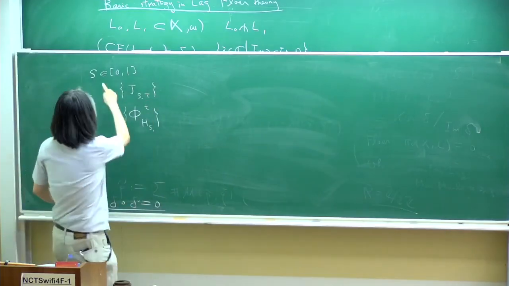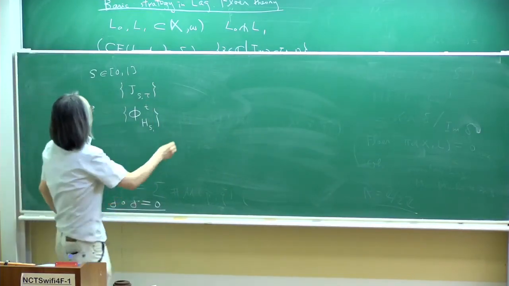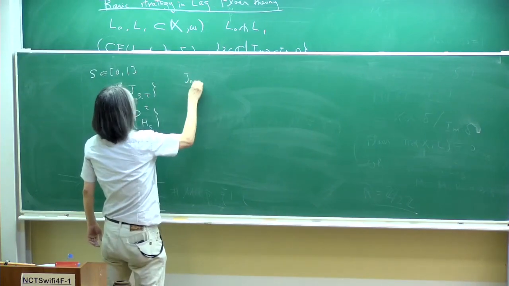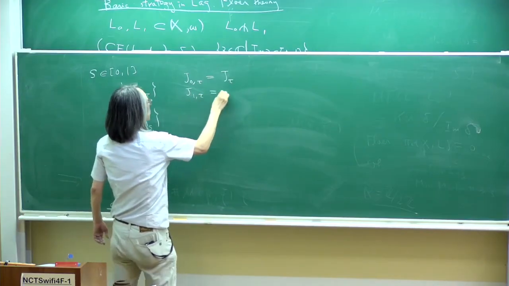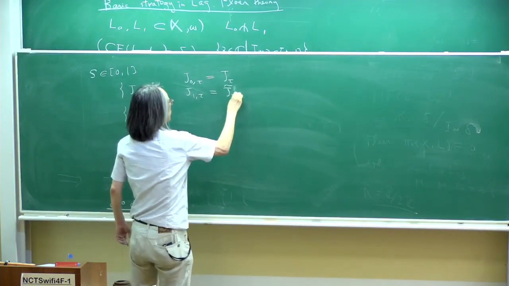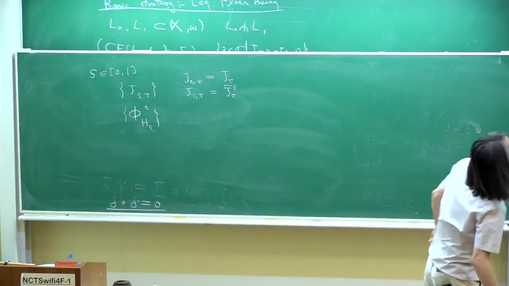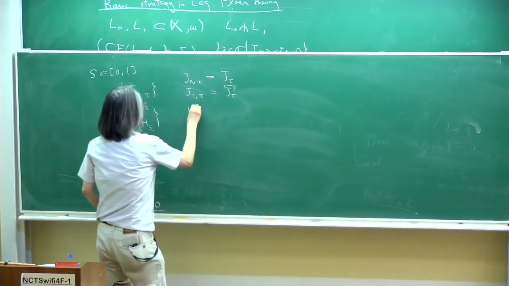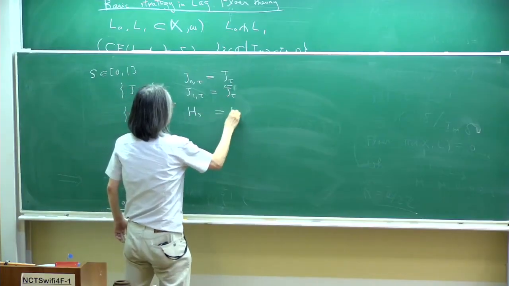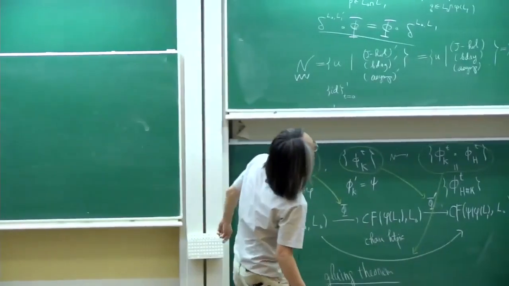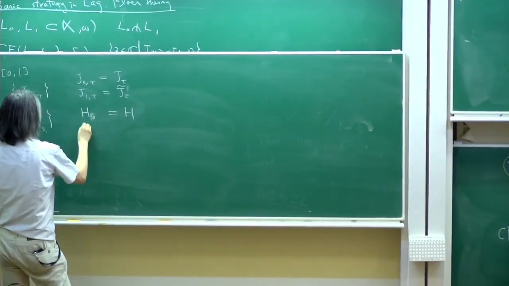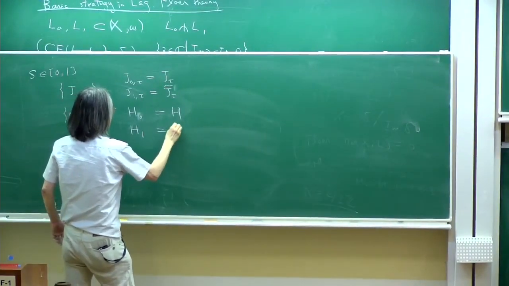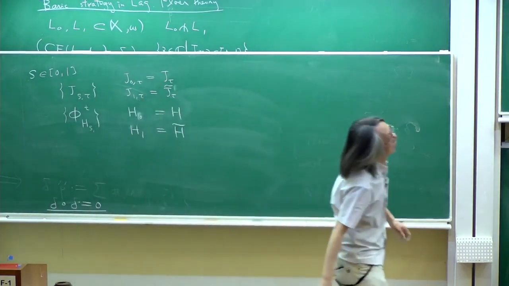So S is in this region, and J of 0 of tau is equal to J tau, and J of 1 of tau is equal to J tilde of tau. And H of 0 is H, and H1 is equal to H tilde, something like this.